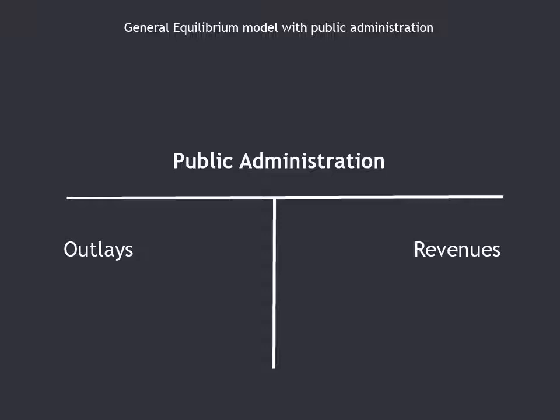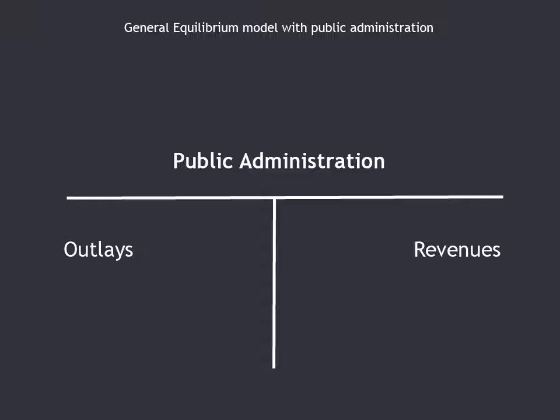Second, the public administration makes some expenses, some outlays, and so these outlays may also have some implication on the economy. And third, public administrations may have an imbalance between revenues and outlays, for example, a deficit, and it may also affect the economy because somebody else has to finance this deficit.